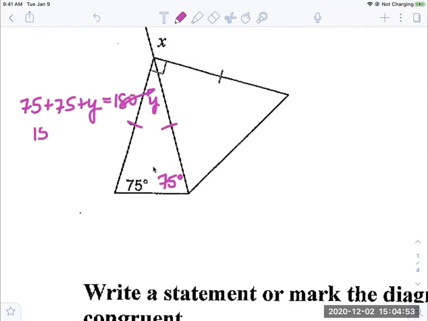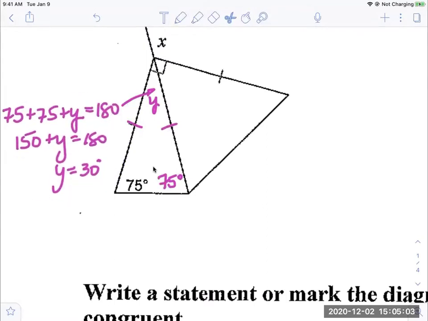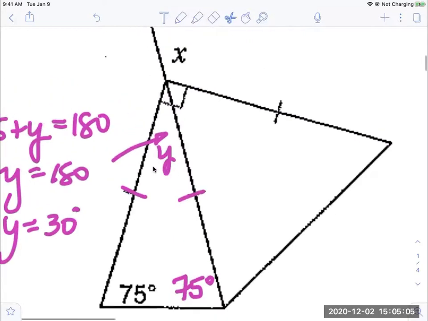So 150 plus y, subtract from 180, you have 30 degrees. So this angle measure right here is 30. Subtract from 90, that tells you that this one is 60 degrees.